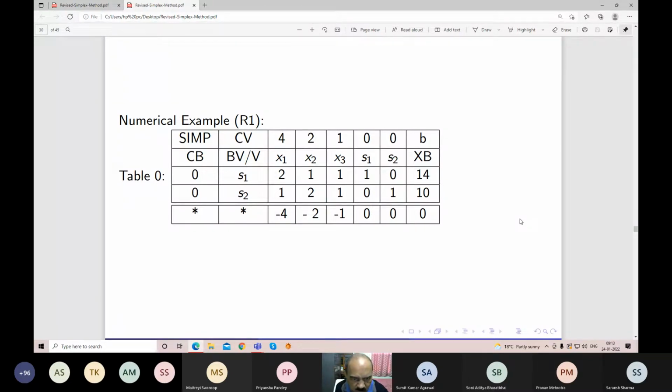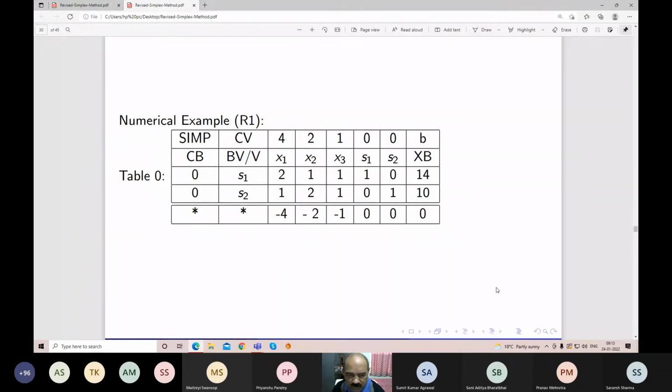In the simplex table, there are 5 variables. 2 are basic variables, and 3 are non-basic variables. The non-basic variables are x1, x2, x3. Basic variables are s1, s2.